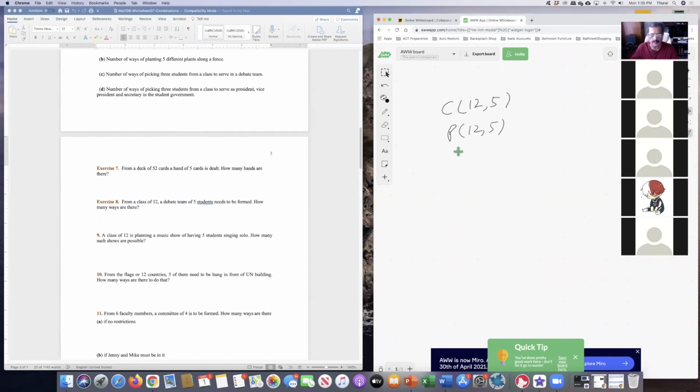Yes, it's combination of 52 comma 5. So it's C(52,5), which is equal to 52 factorial in the numerator and 52 minus 5, 47 factorial times 5 factorial, right?